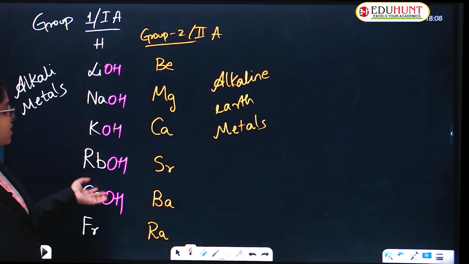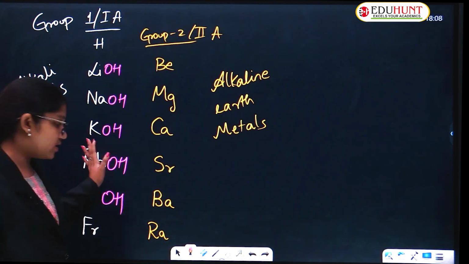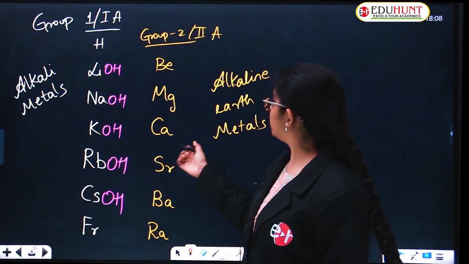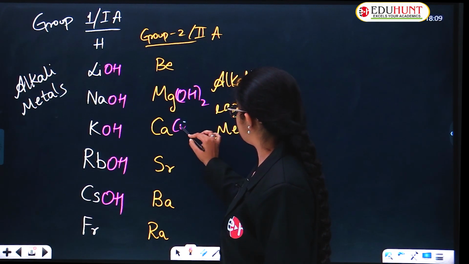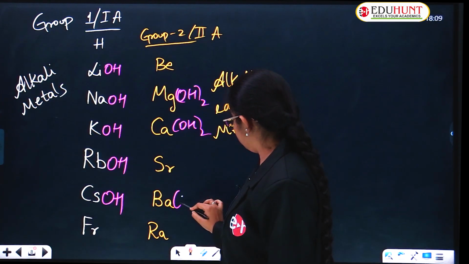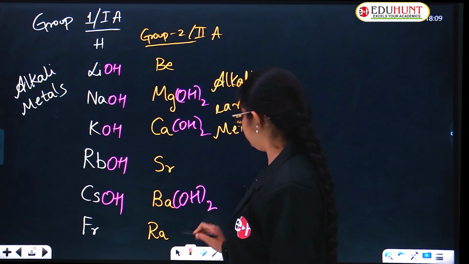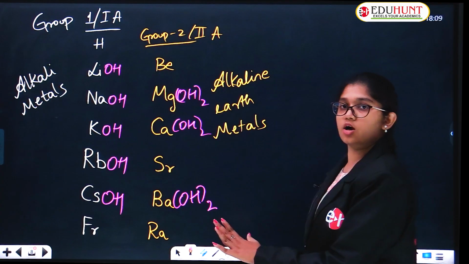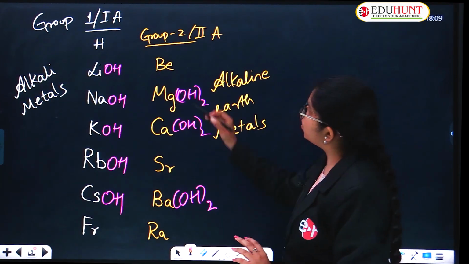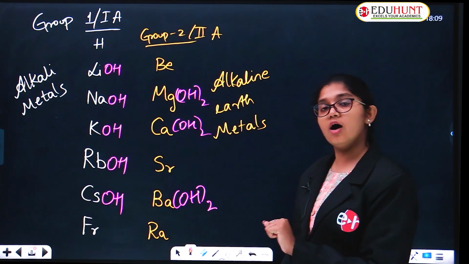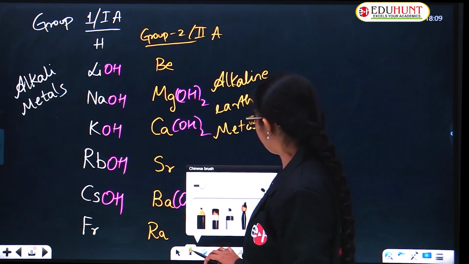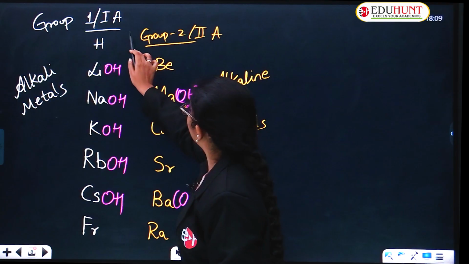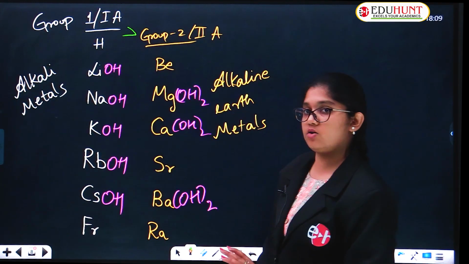All these metal hydroxides are very strong, similarly magnesium hydroxide and calcium hydroxide. These are also strong bases. So group 1 and group 2 have strong metal hydroxides. Comparatively, group 1 will have more strength than group 2 in the metal hydroxide sections.